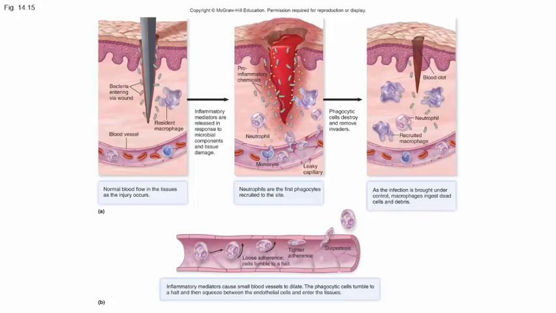This looks a little bit familiar if you remember the clotting response that you learned in anatomy and physiology. Okay? The factors that trigger the inflammatory response, the PRRs play a role in triggering inflammation. Once triggered, the host cells release inflammatory mediators. These are the pro-inflammatory cytokines and chemicals like histamine.